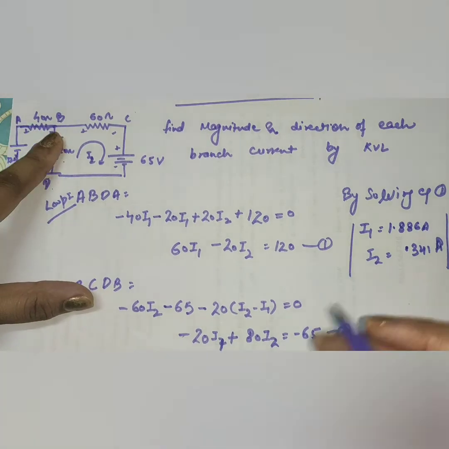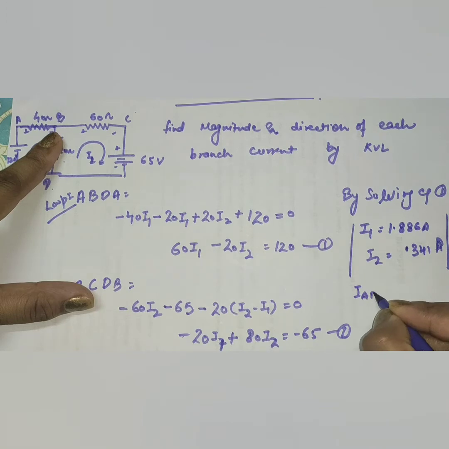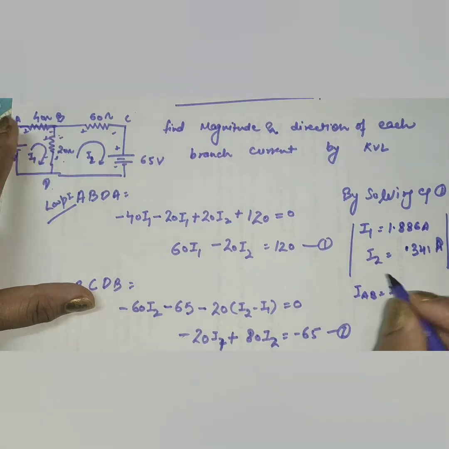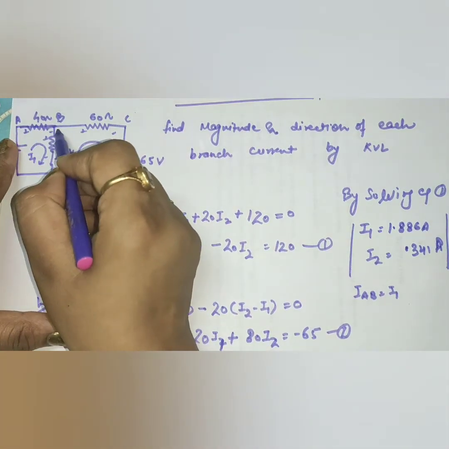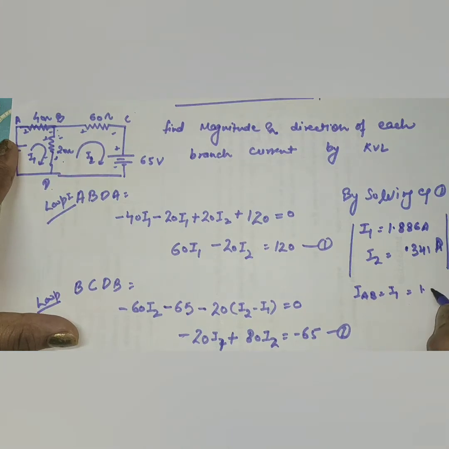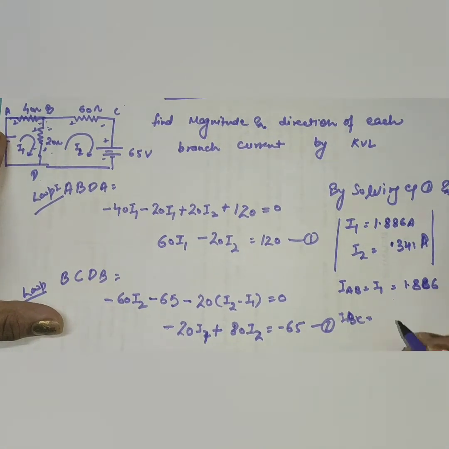Branch current IAB equals I1, because only I1 flows in this branch, so it is 1.886. IBC is I2, which is 0.341 ampere.